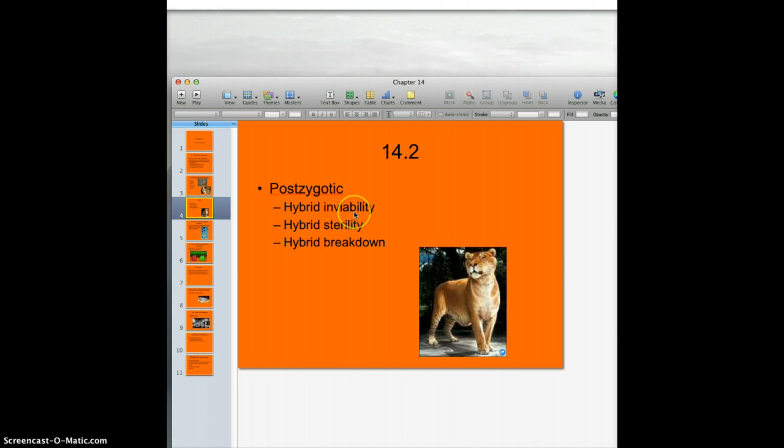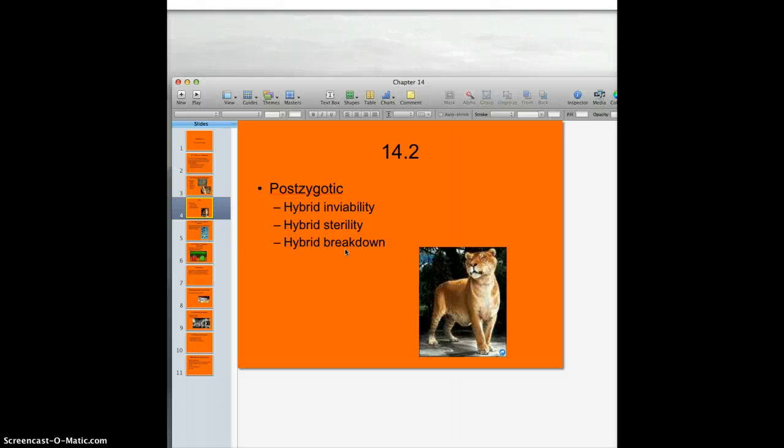Sometimes the hybrid doesn't live to adulthood. Ligers do. Sometimes you have hybrid sterility. In this case, the liger actually is sterile. So if you want more ligers, you have to mate more lions with more tigers. And then hybrid breakdown. Sometimes the hybrid is weak, frail, infertile, things like that.